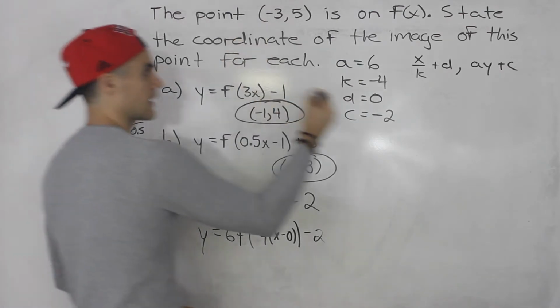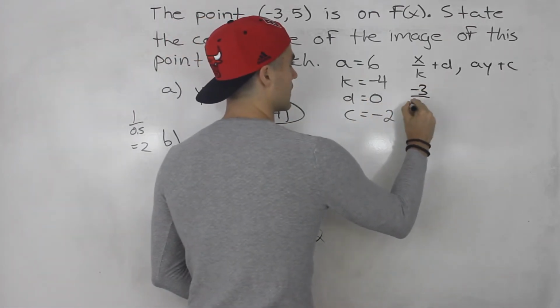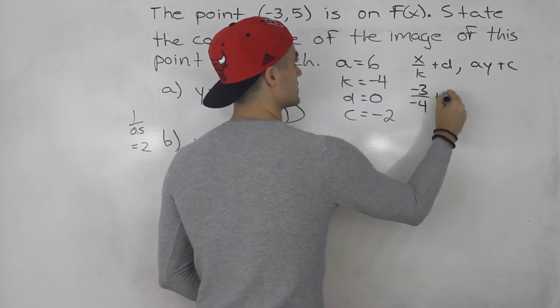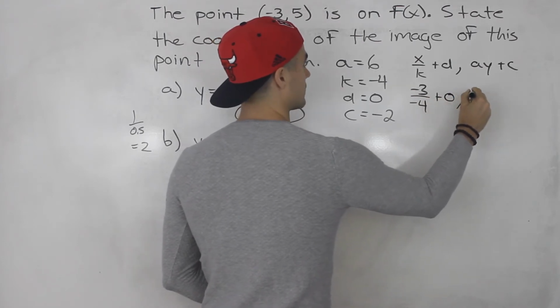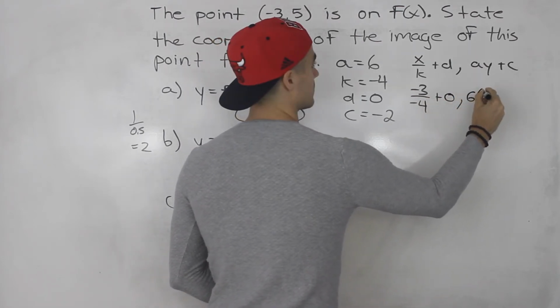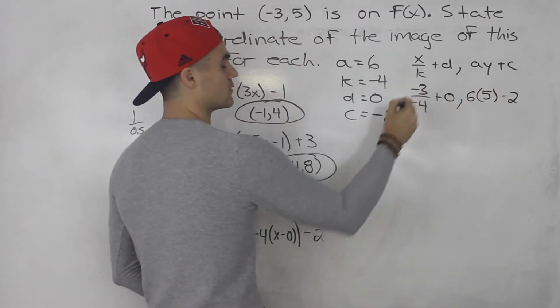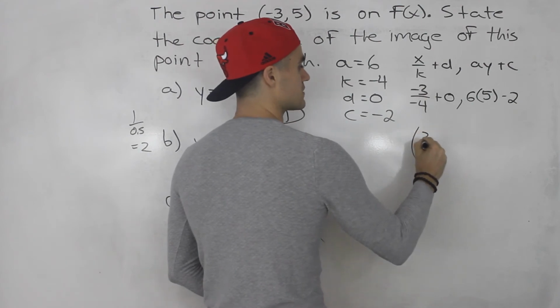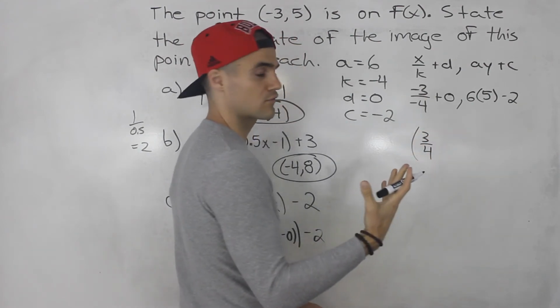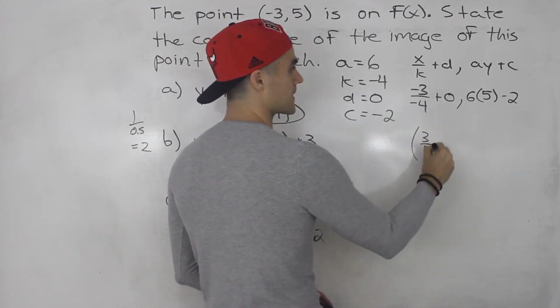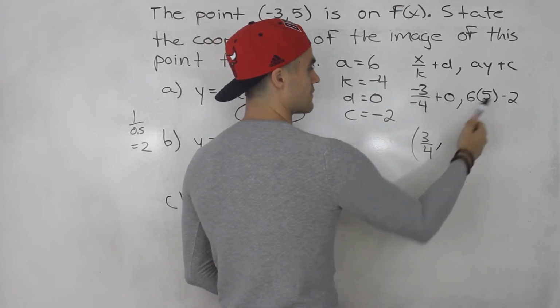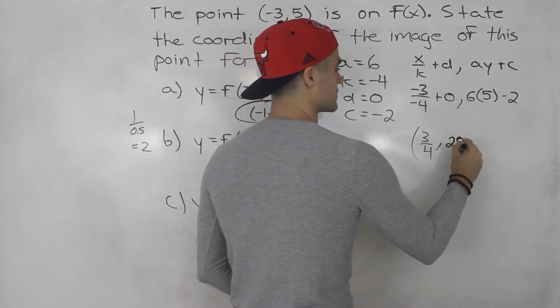So we're taking -3, dividing it by -4, adding 0, and then taking the a value of 6, multiplying it by 5, and then subtracting 2. So -3 divided by -4 gives us 3/4, or 0.75 if you want to work with decimals. And then 6 times 5 minus 2 gives us 28.